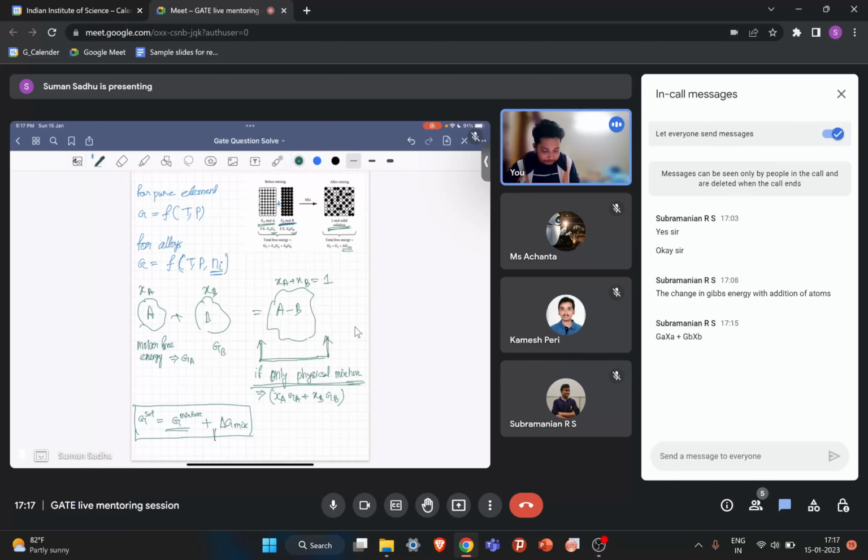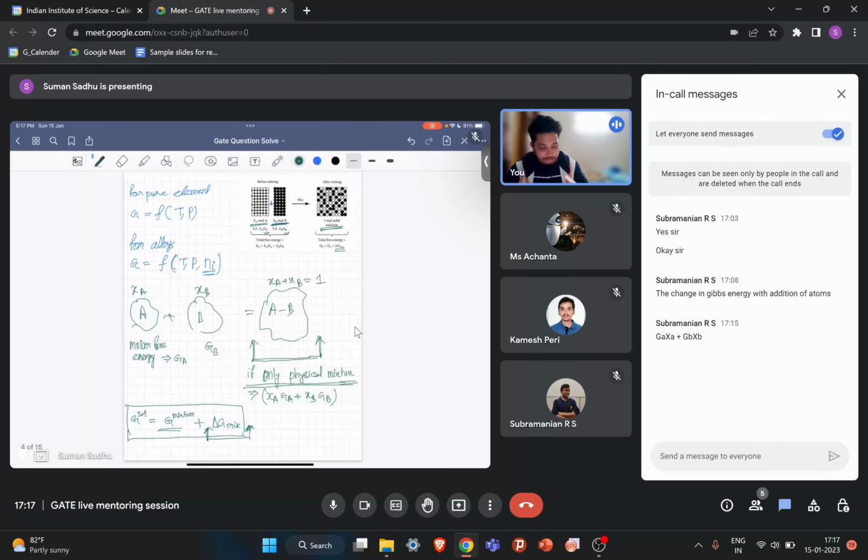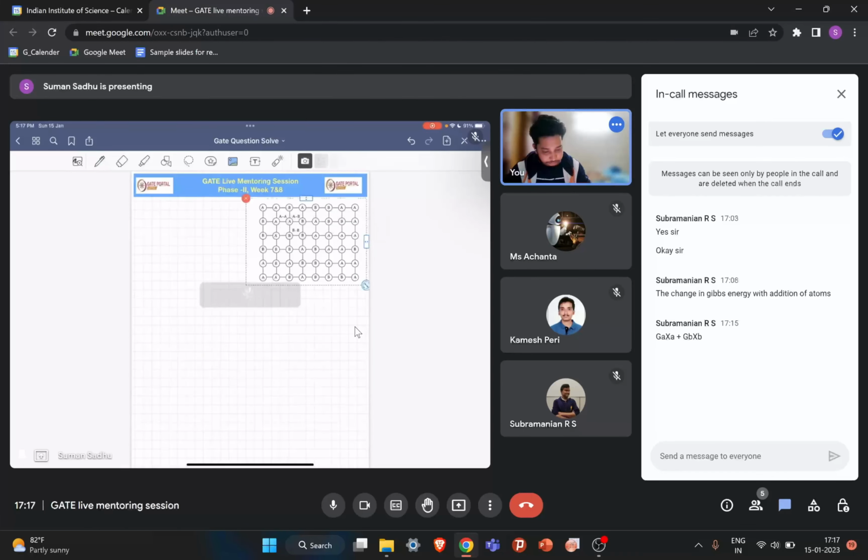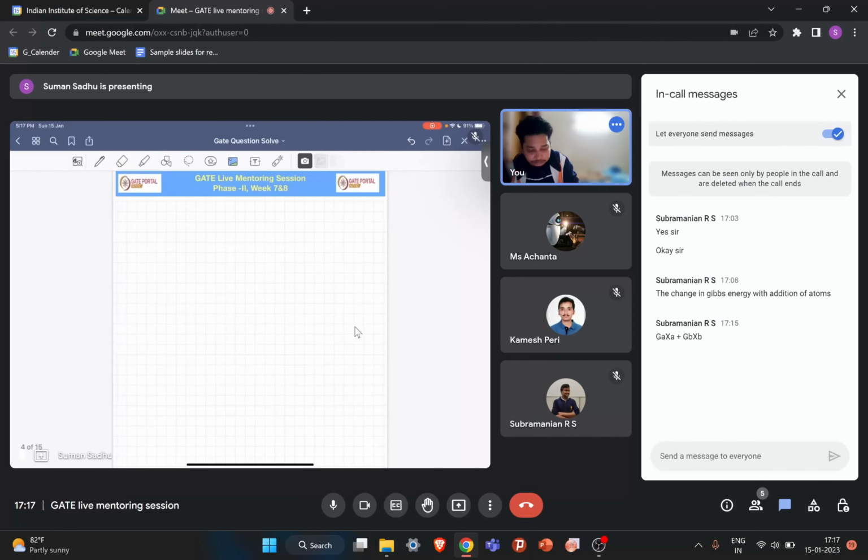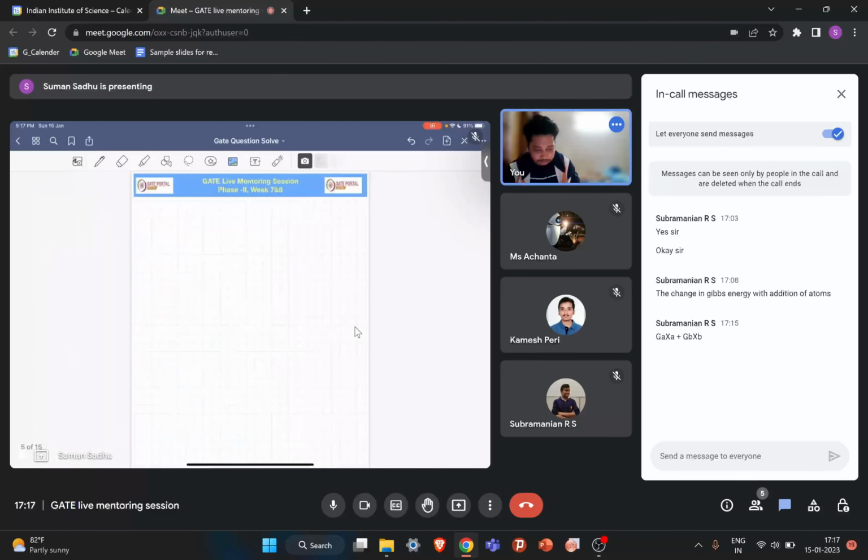But when A and B are dissolving in each other, there the delta G mix term you also have to add. And delta G mix we can write as, let's say we'll talk about this later.